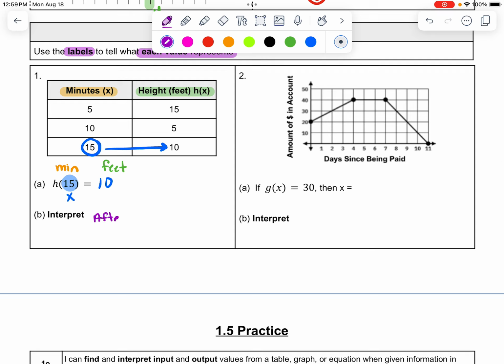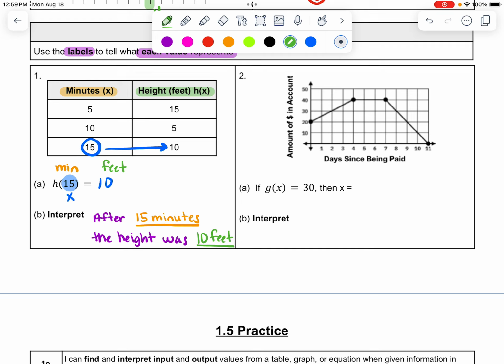After 15 minutes, the height was 10 feet. So for each of the numbers, the 15 and the 10, we've used labels to identify what those numbers meant in the story.